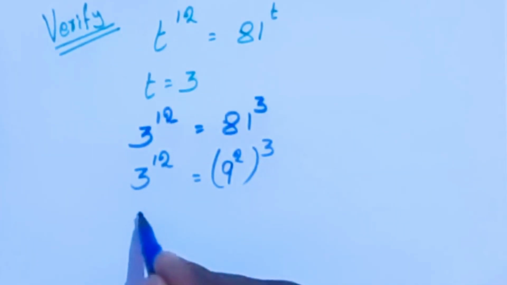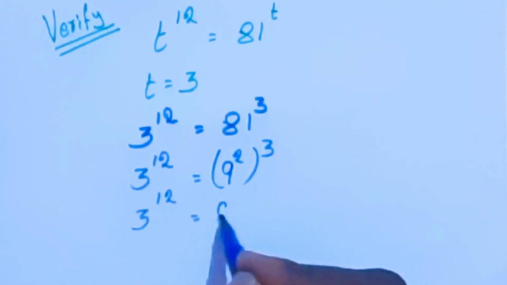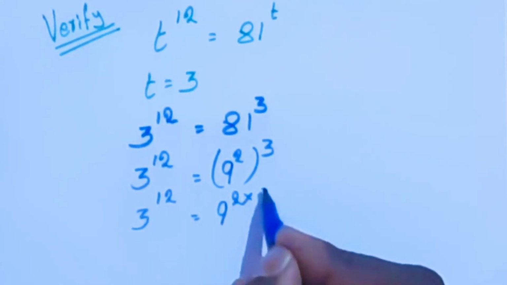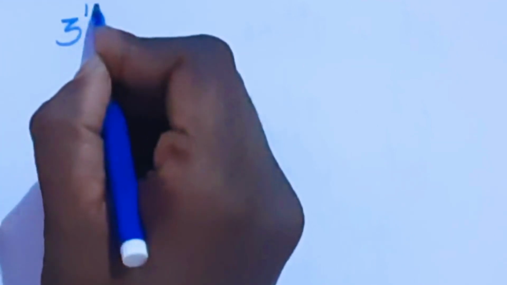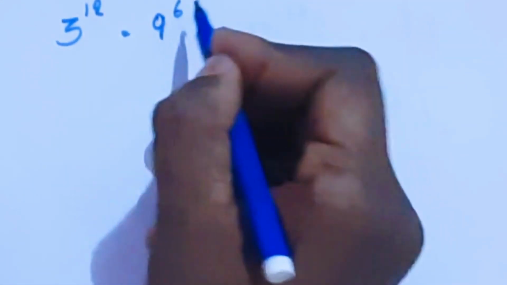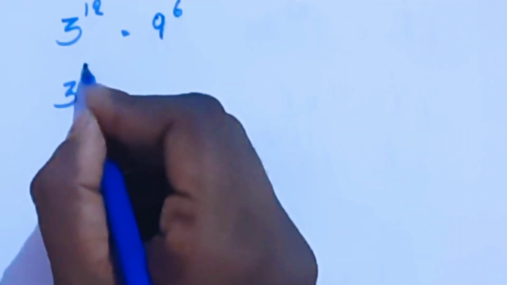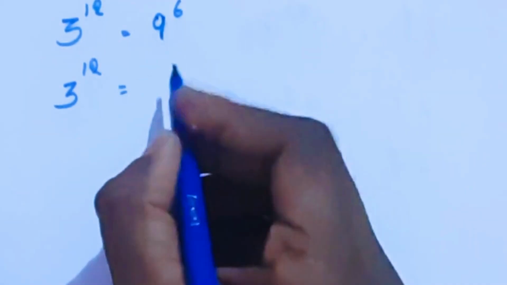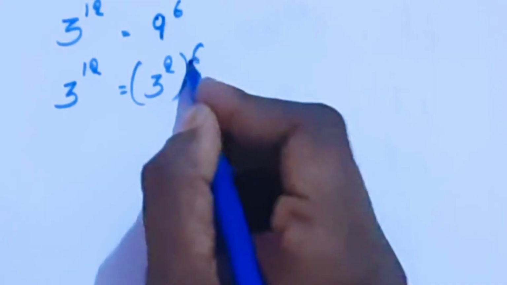Now 3 power 12 equal to 9 power 2 times of 3. Now 3 power 12 equal to 9 power 6. Now this 9 can be written as 3 power 12 equal to (3 power 2) whole power 6.